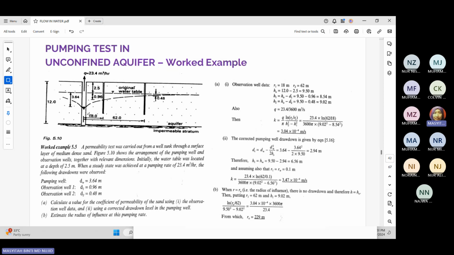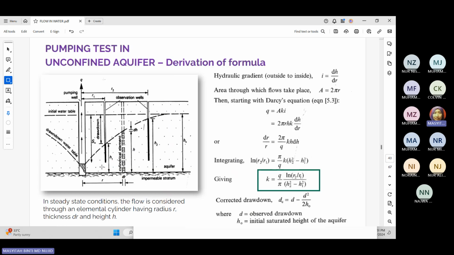Given the information is that DW of the pumping well is equal to 3.64 meter. The observation well D1 is 0.96 meter and observation well D2 is 0.48. So D1, D2 dan DW dah tahu, dah ada.